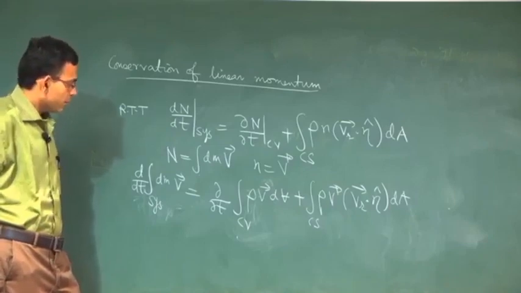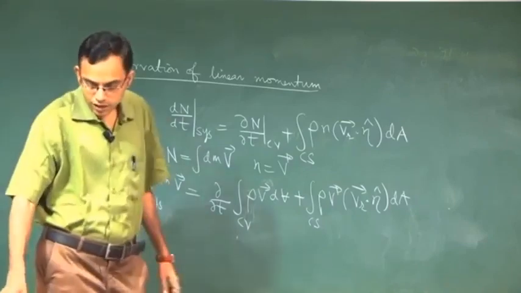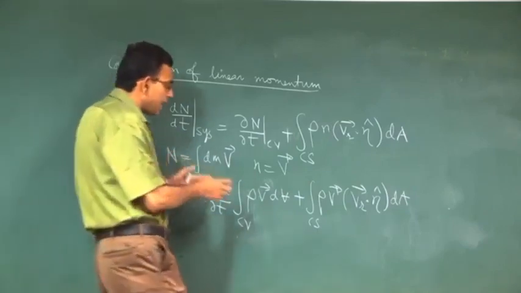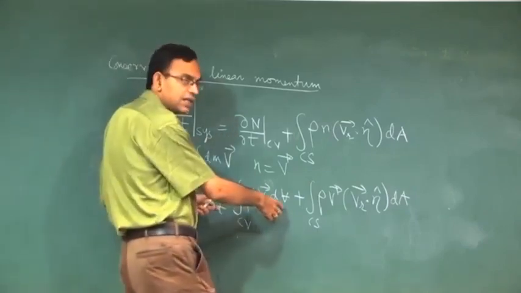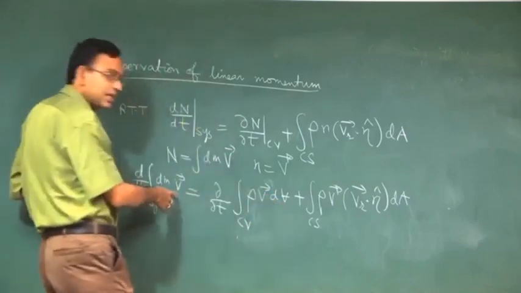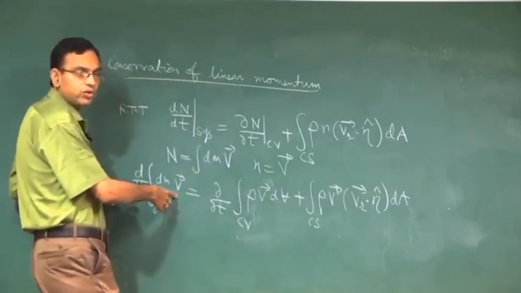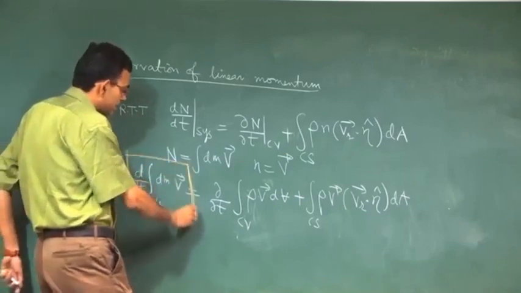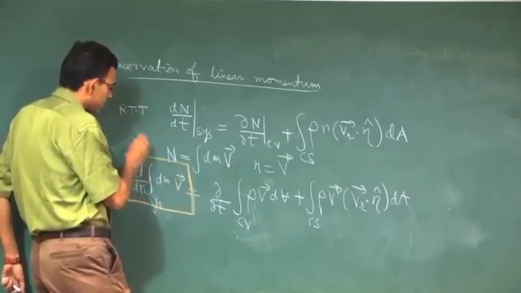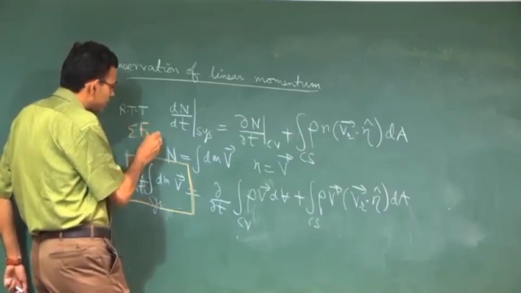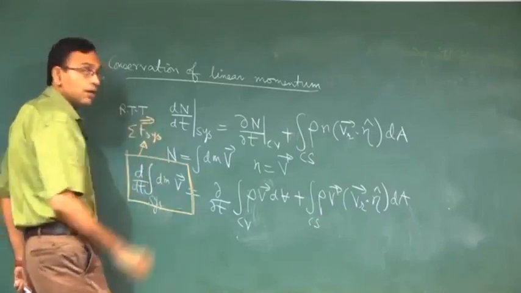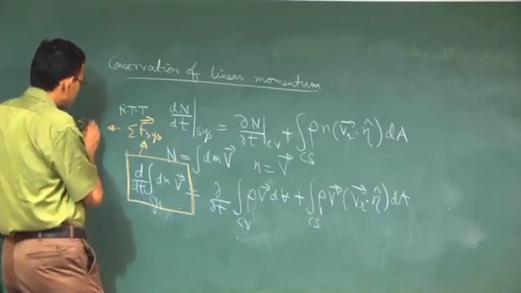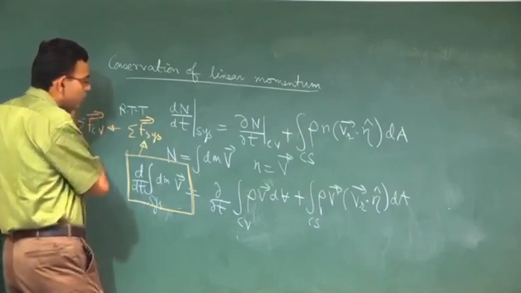Okay. The reason we are writing in this manner is the simple fact that we can write this as a force, because Newton's second law is applicable for a control mass system. So, this is the resultant force acting on the system. By Newton's second law, this becomes the resultant force which is acting on the control volume as well.